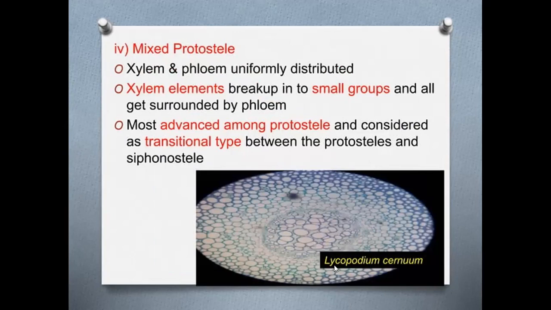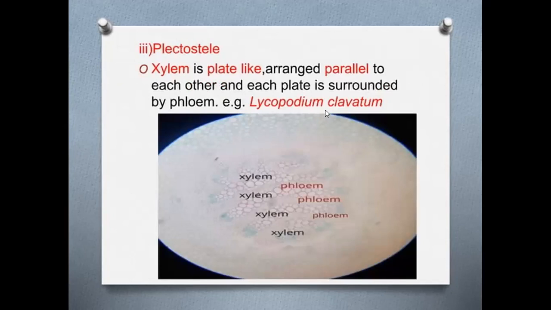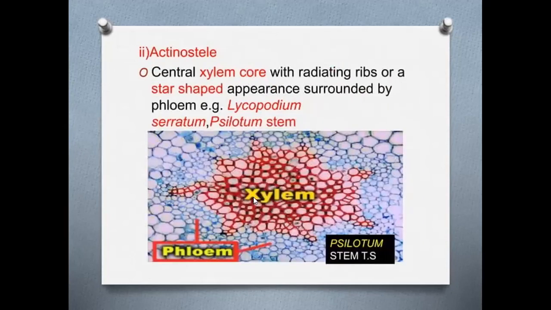So this type of stele can be observed in the species of Lycopodium called Lycopodium cernuum. So, in Lycopodium cernuum, mixed protostelic condition. In Lycopodium clavatum, plectostelic condition. And in Lycopodium serratum, actinostelic condition. So these three species are very important in stellar evolution, considered in Lycopodium.